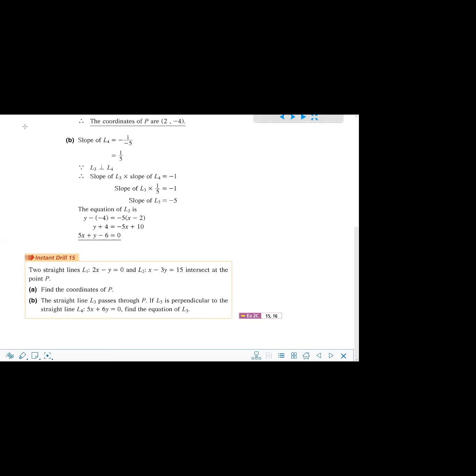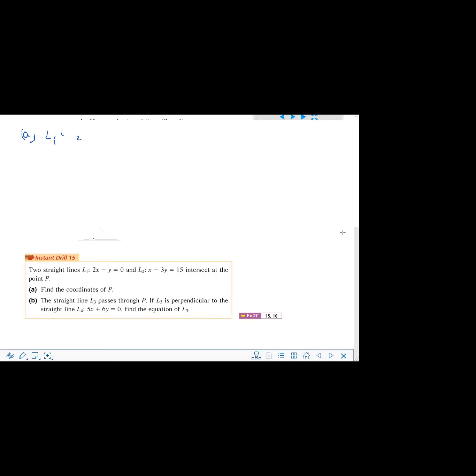So fast! And L1, L2 intersect at point P. So we're going to use the simultaneous equations. Okay, equation 1, and then equation 2. I would like to change the subject to y. From equation 1, y is equal to 2x, and then call this equation 3.